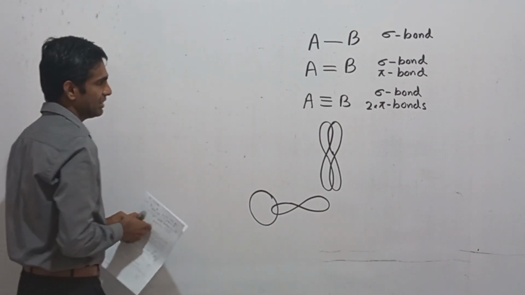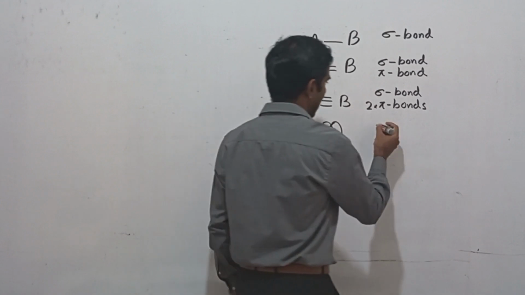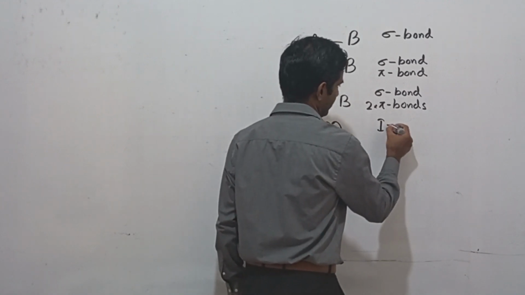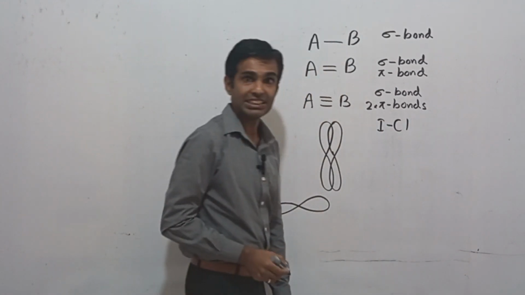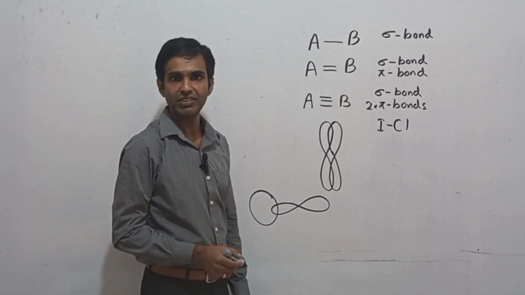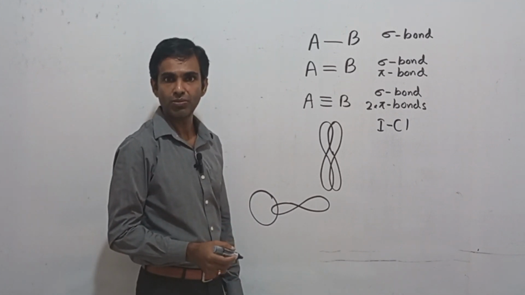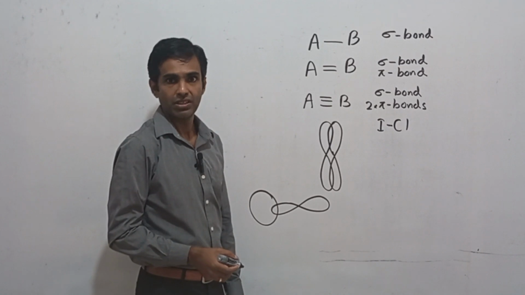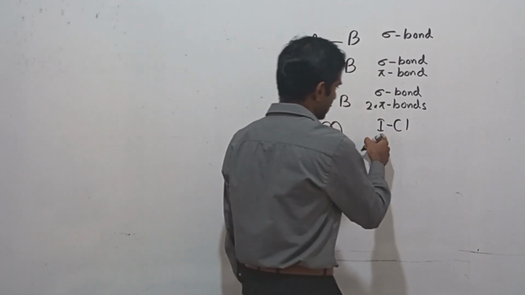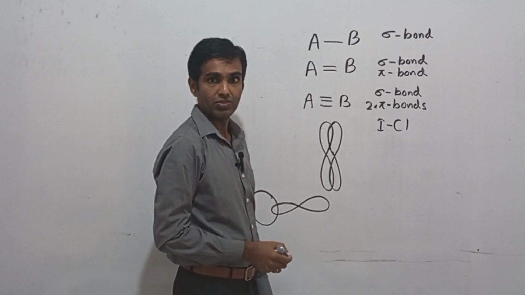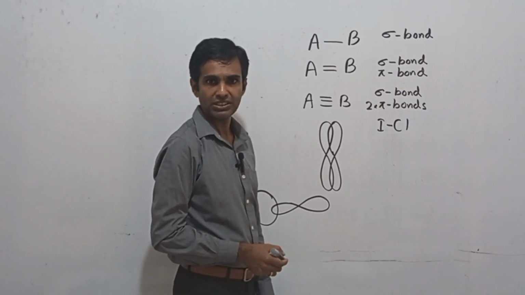Let's consider ICl molecule. I have discussed about ICl molecule when we study molecular orbital theory. Then what is the orbital which contains unpaired electrons in iodine atom?